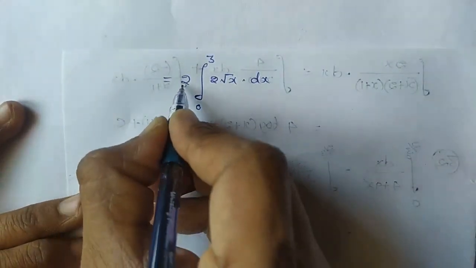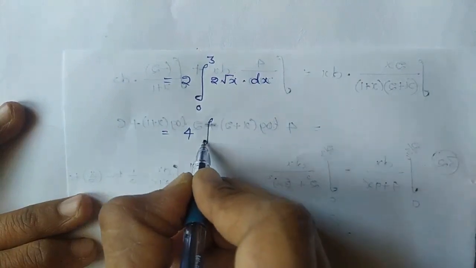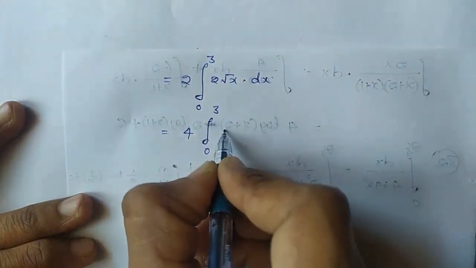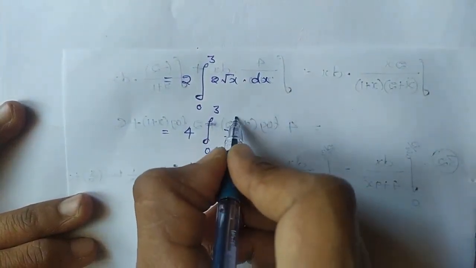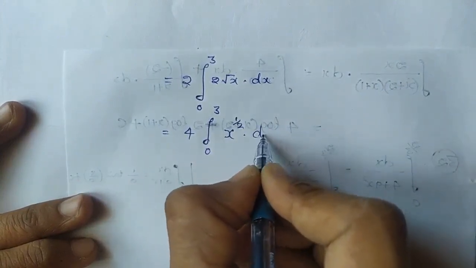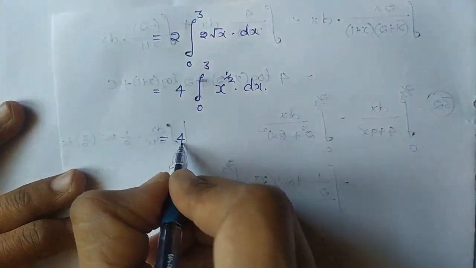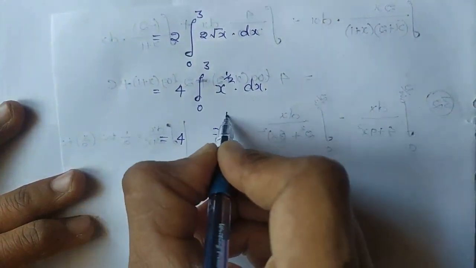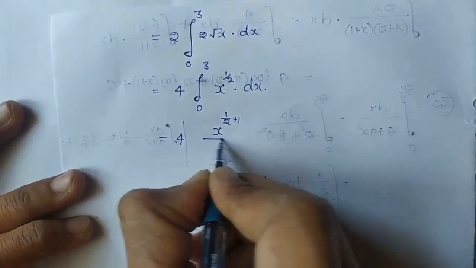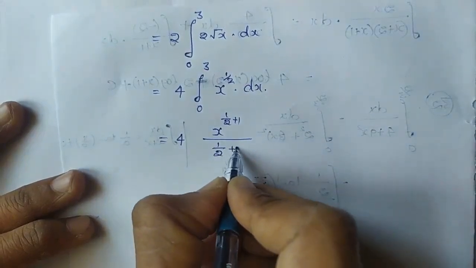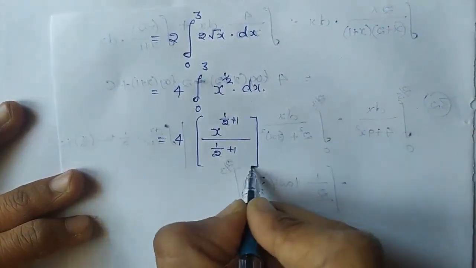So that is equals to 2 into 2 is 4 into integration of 0 to 3 x power root x is nothing but x power 1 by 2 into dx. Integrate this, that is equals to 4 into x power 1 by 2 plus 1 divided by 1 by 2 plus 1 under the limit 0 to 3.